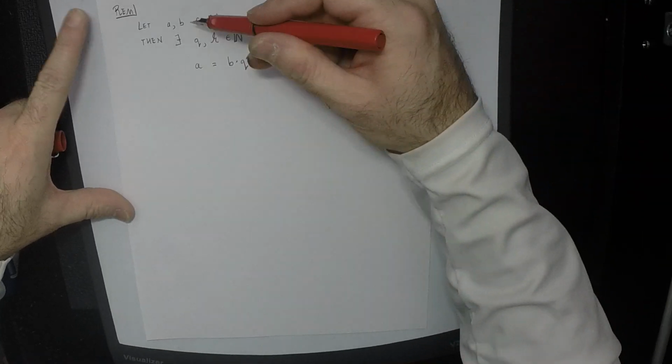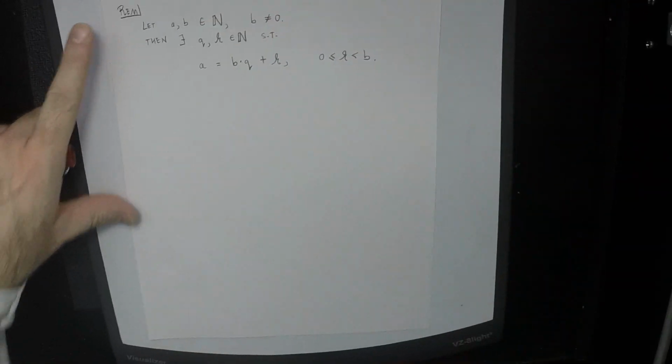So what we're doing is we're dividing A by B. So that's why B has to be non-zero. You're not allowed to divide by 0.